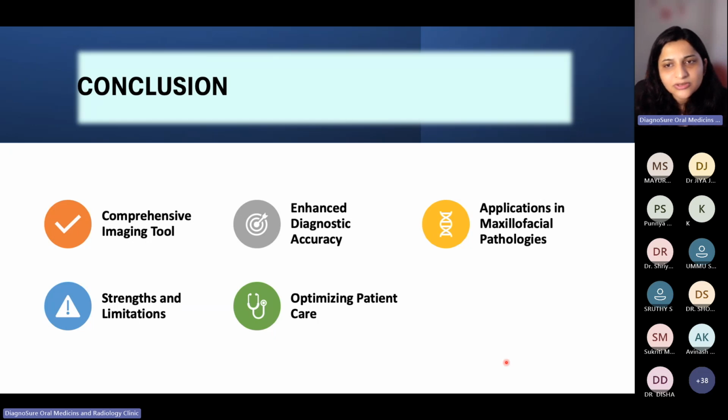Coming to the conclusion, MRI is a vital tool in maxillofacial imaging. It offers unmatched soft tissue contrast detail and anatomic visualization. It plays a crucial role in diagnosing and managing various maxillofacial pathologies, including soft tissue lesions, salivary gland disorders, facial nerve pathologies, trauma, and malignancy.